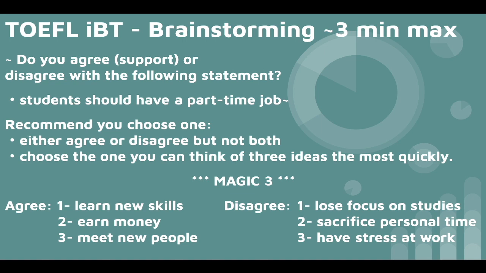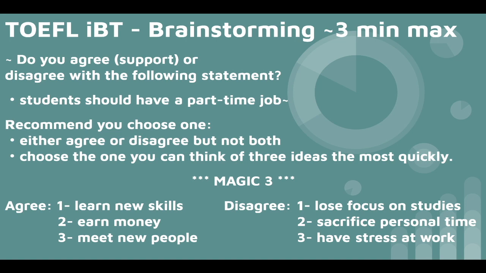So if finding 3 points to support your agreement, go with that. If it's easier for you to find 3 points that support more a disagreement, go with that. So for example, students should have a part-time job. I would say if I had to think of 3 points within 3 minutes, I would probably come up with these 3 examples.